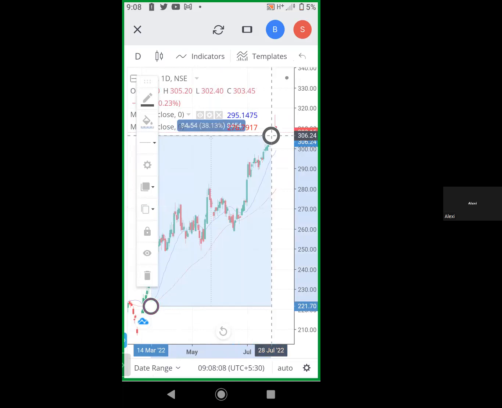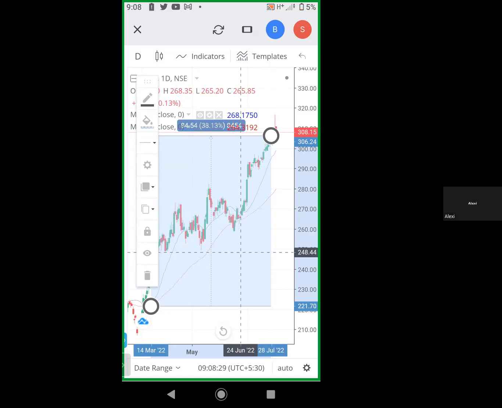See that? If you stayed till then, you would have gained 38% profit on that stock. That would have been all the way from March till June. That means you entered in March, then there is April, May, June, July, and now it is August. So in 5 months, you've gained about 38%.